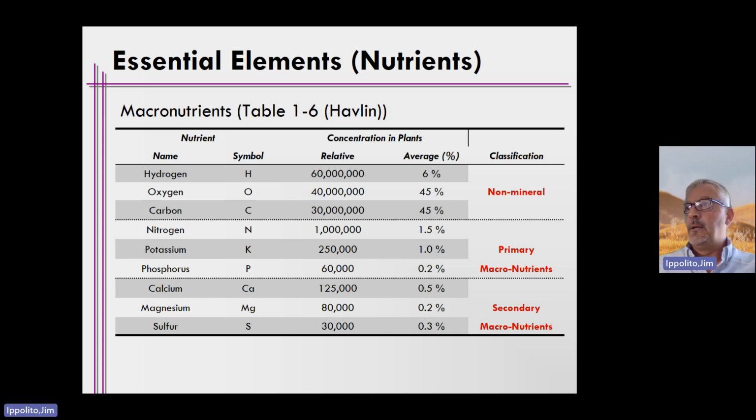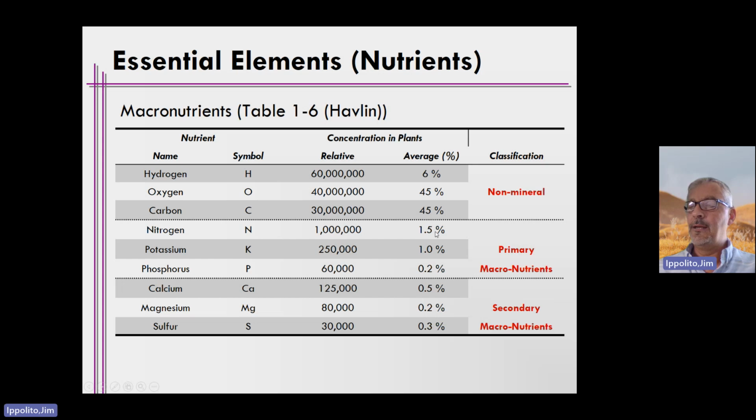Okay, let me take a step back. These are non-mineral elements. These do not come from the mineral phase within soils. They come from the atmosphere or precipitation or supplemental irrigation. So there's 3 primary macronutrients: nitrogen, potassium, and phosphorus.